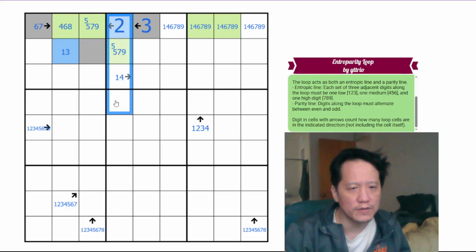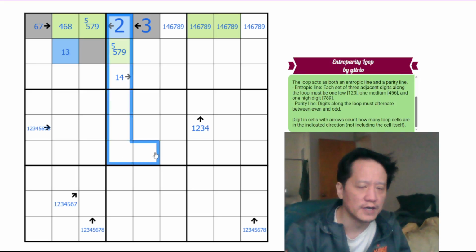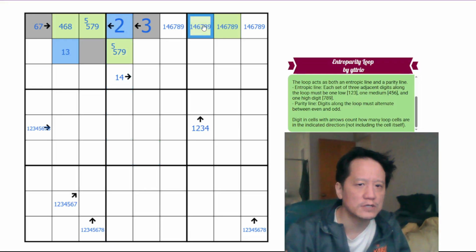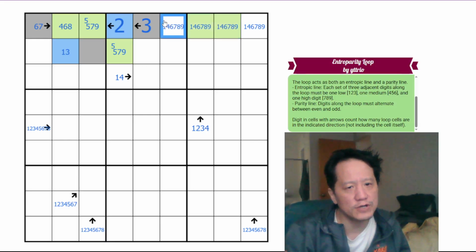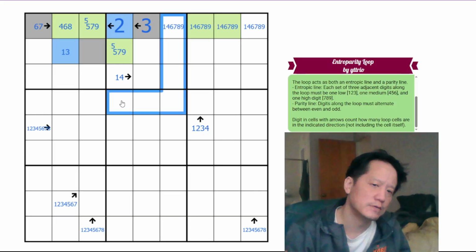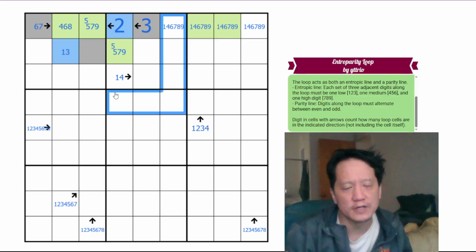Unless it goes like this, something funky like 1, 2. But even then, how is it going to be here? You could have 1 here and then 2 here. That is possible. Okay. Right. You could do something like that.